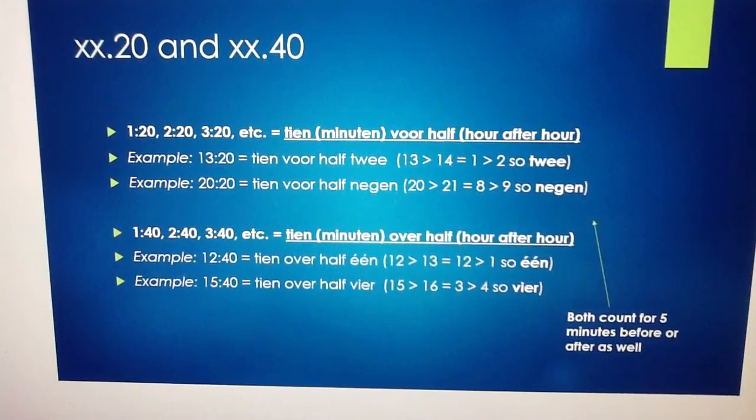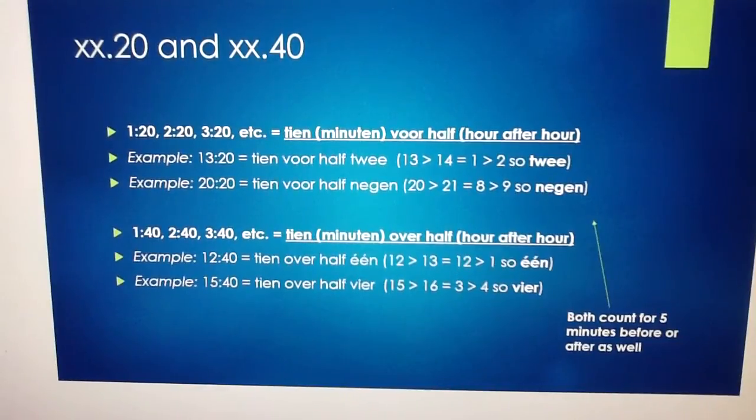If you have 40 minutes after a certain hour, you have to say 10 over half. The same half as the number which you used for 10 minutes before, but now you have to say after. An example is 12:40, which is 10 over half 1.